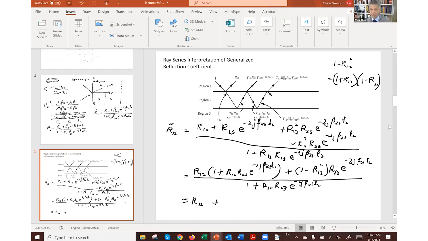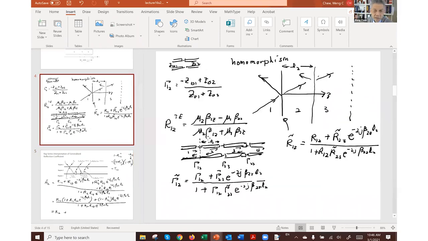And I also use the fact that if you look at the Fresnel reflection coefficient, I can write this as T12. But this is actually minus R21. I can use the property of the Fresnel reflection coefficient if you go back and look at them again.